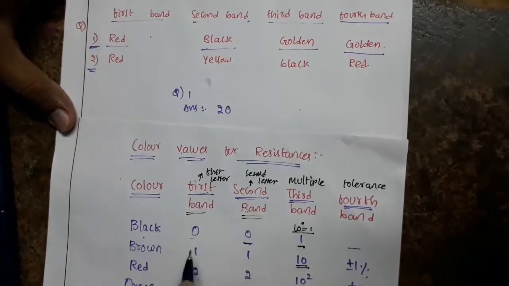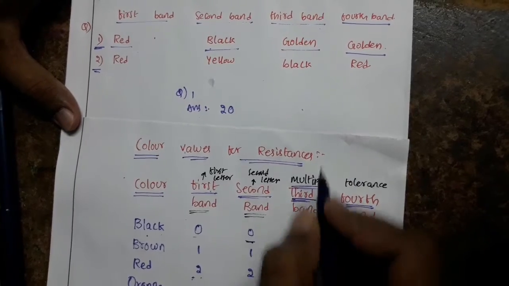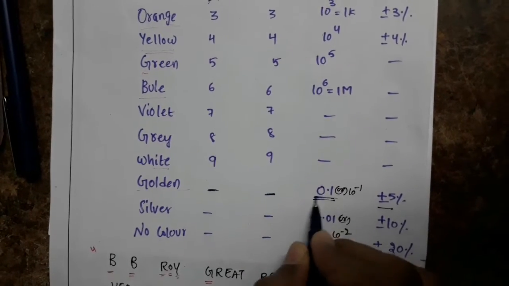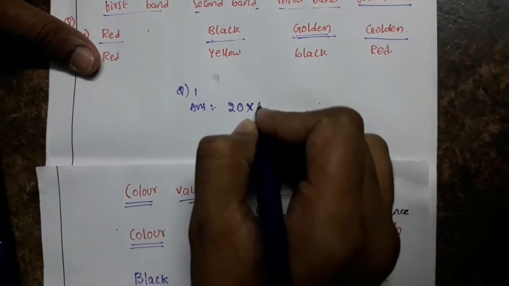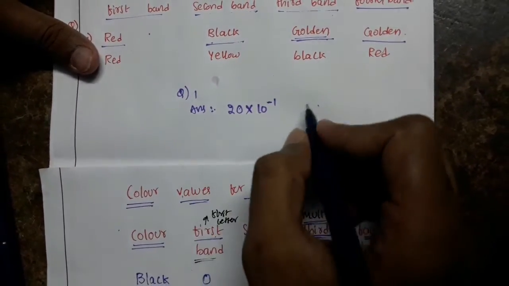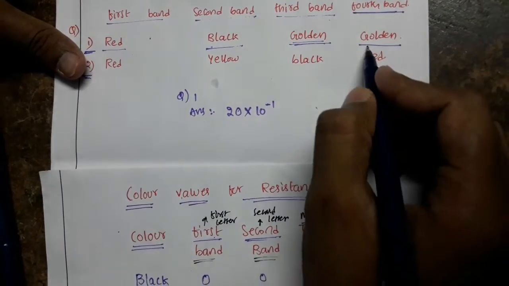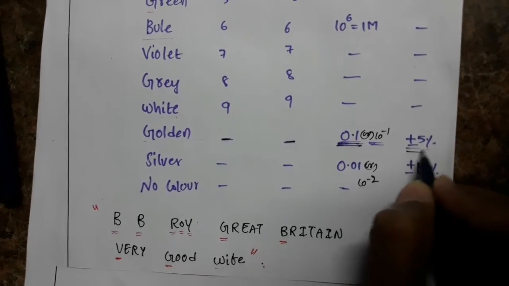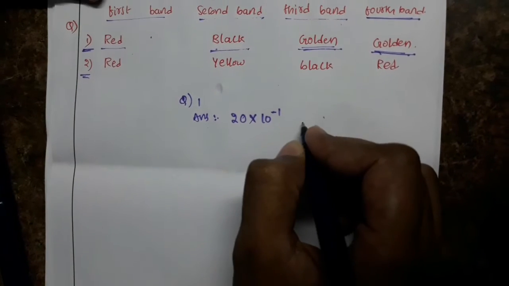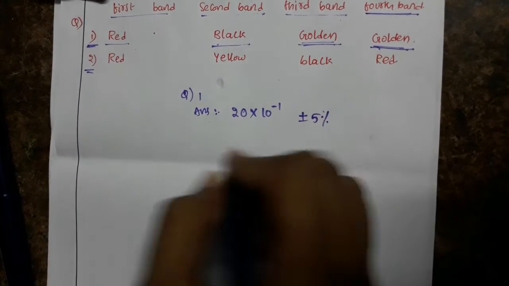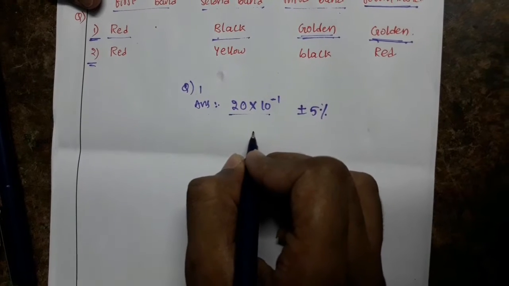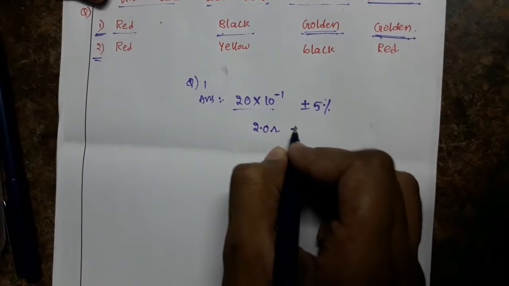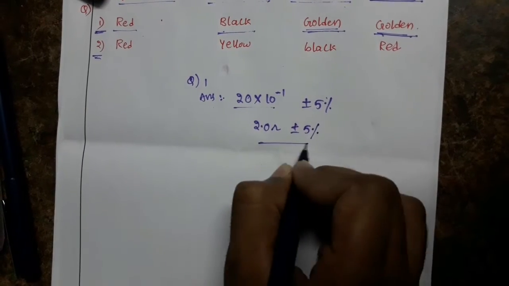The third band indicates the multiplier; for gold, the multiplier is 0.1, that is 10 to the power of minus 1. For the fourth band, golden, the tolerance is plus or minus 5%. By solving this, we get 2.0 ohms with a tolerance of plus or minus 5%.